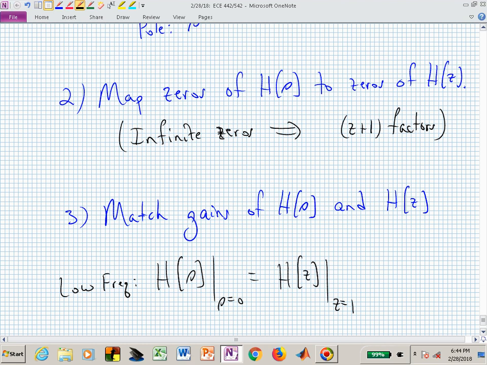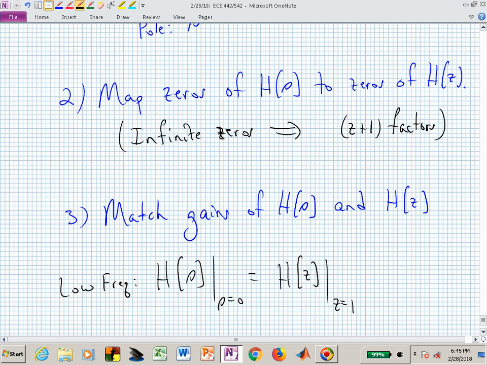We might want it to go to probably z equal to minus 1, maybe. Because we've learned that there's kind of two different fasts in the z-plane. And it may vary as far as how you want it to behave. But you can now match the gains.